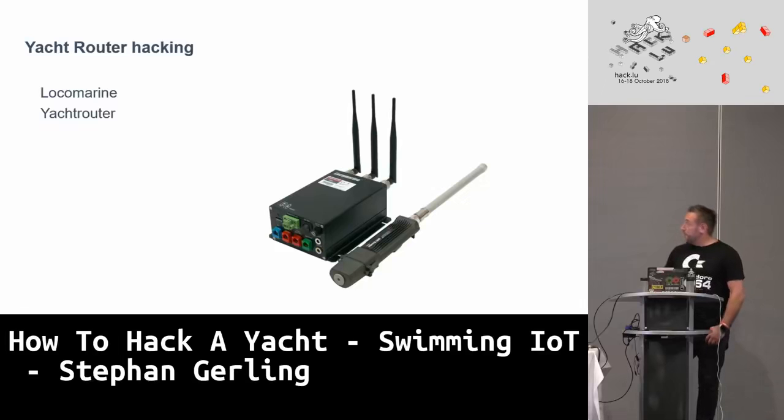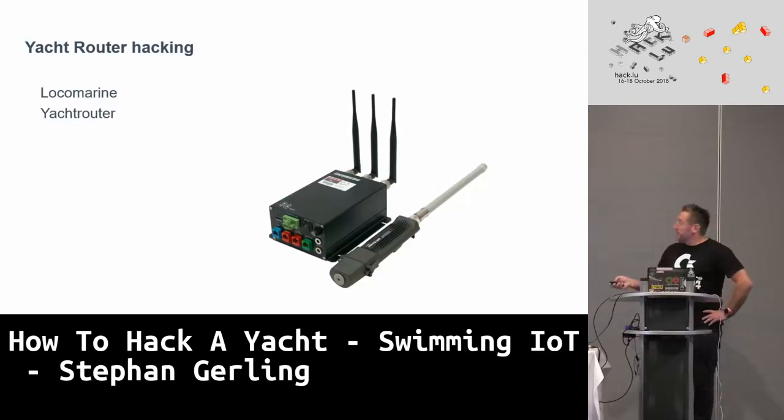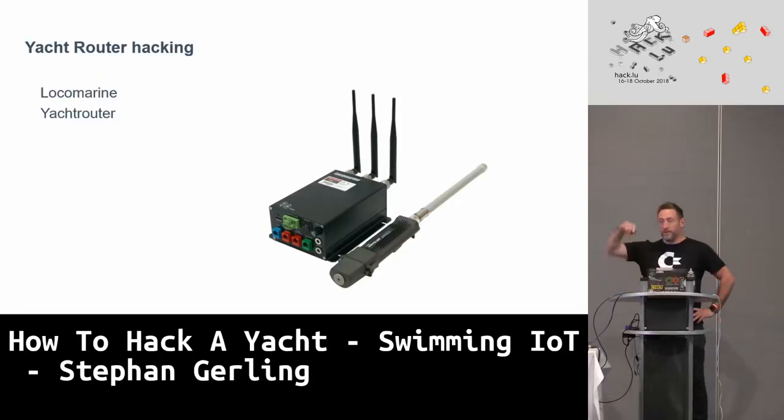The left one, the biggest thing, is the router and the access point itself. And the right one here is a small booster. The booster antenna is mounted on the Monkey Island. That's the bar where all the antennas are mounted on ships. So they call it Monkey Island. I don't know why. I know why, but it's a longer story.